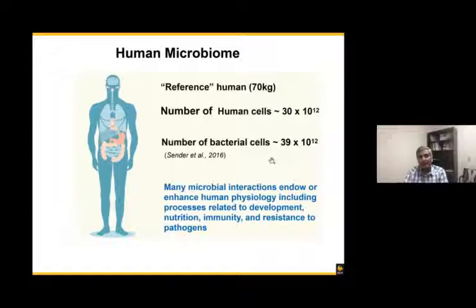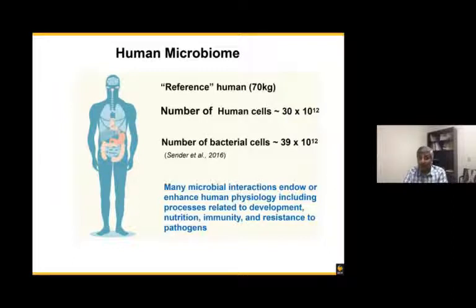These microbes are important for our survival. As I mentioned earlier, microbes have been around for 3 to 4 billion years. We, the human species, have been around for much less time. So you can imagine that over the course of our evolution, the microbes in contact with our body have co-evolved with us.